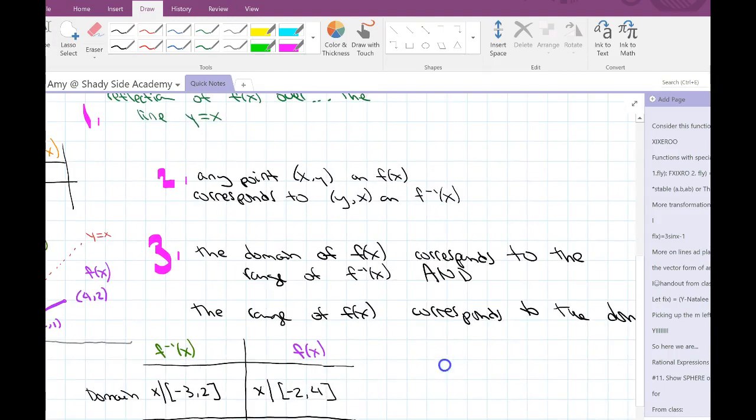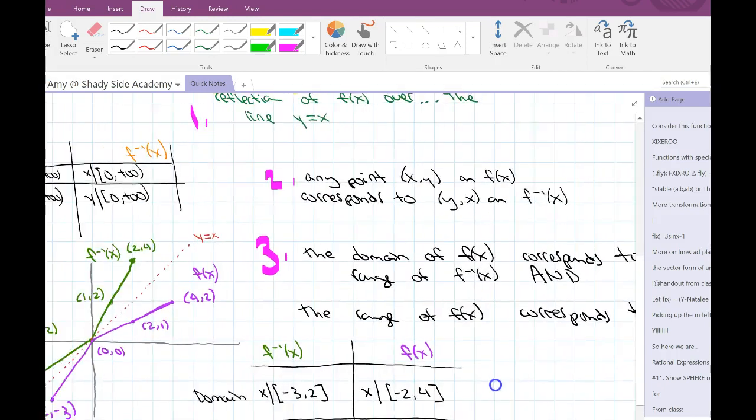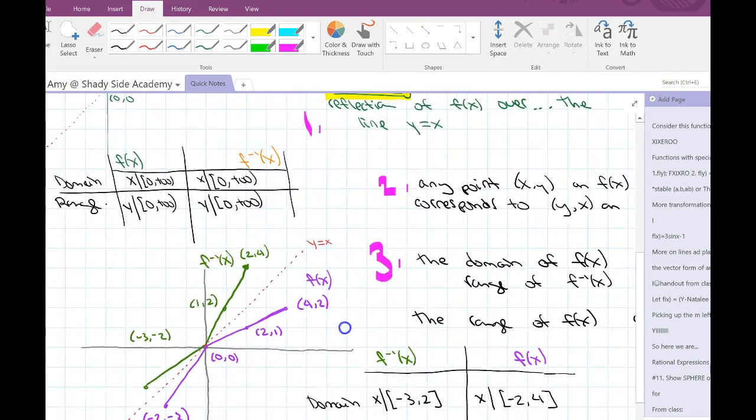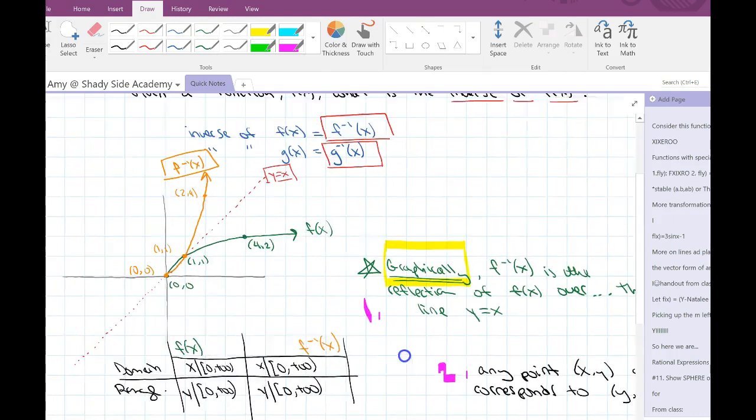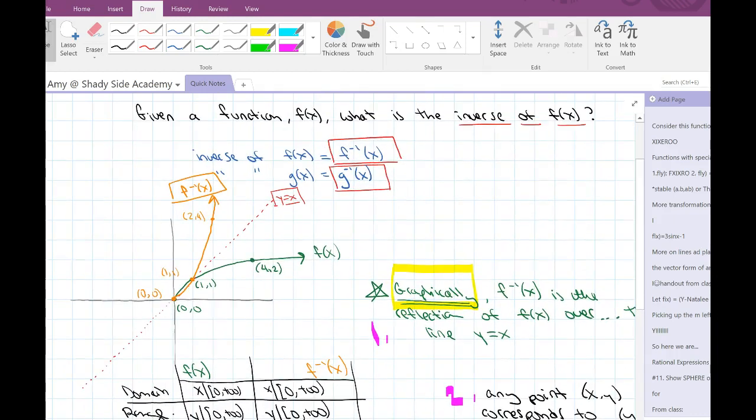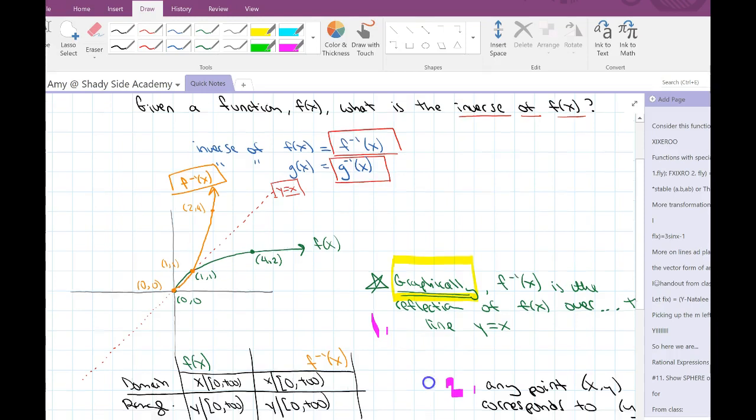Okay, so this screencast is really about just introducing you to some new terminology, what it means to be the inverse of a function, and we've talked today about what it means graphically to be the inverse of f, okay?